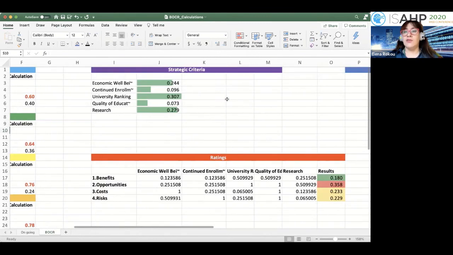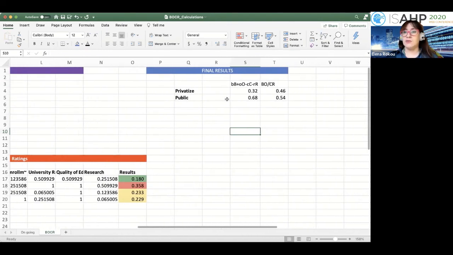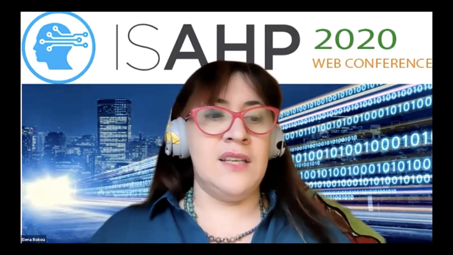So the trade-off leads you to say it's better to keep it public, because although there are some benefits and opportunities, the costs and risks involved with privatizing are really big. And this will give us the final results.